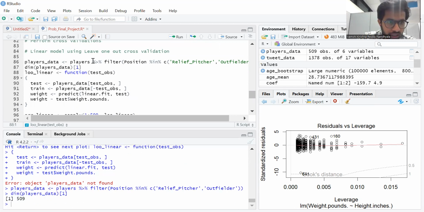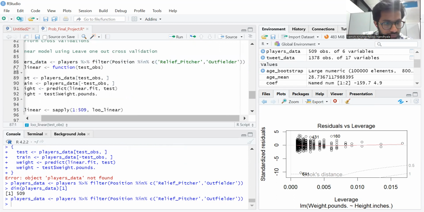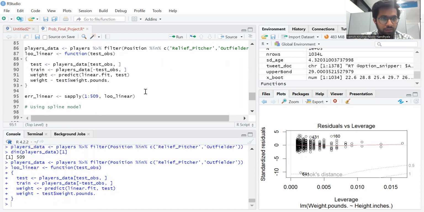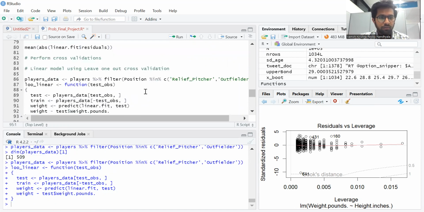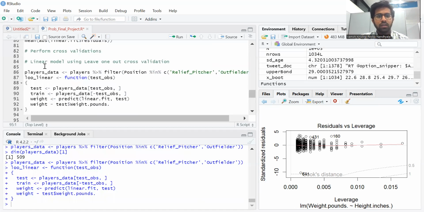I'm going to calculate the errors using the loess linear model. That means the linear model using leave-one-out cross validation.